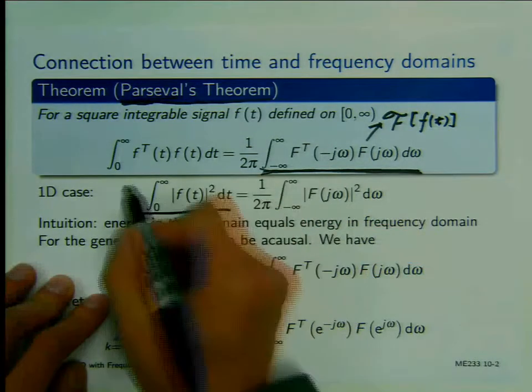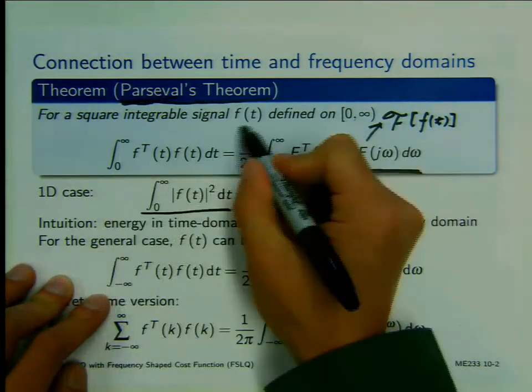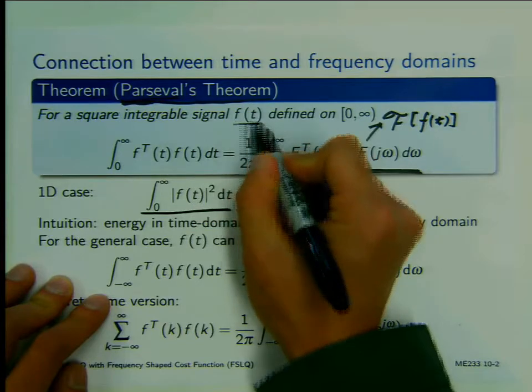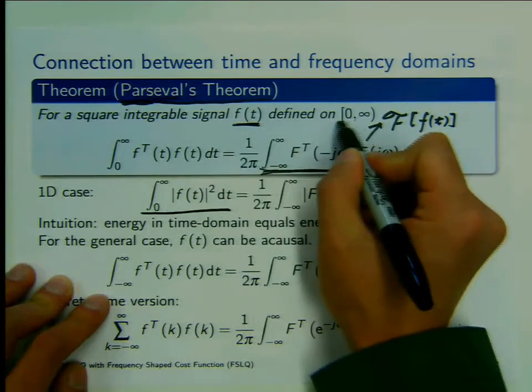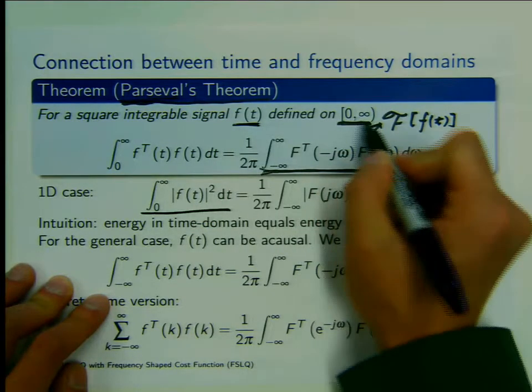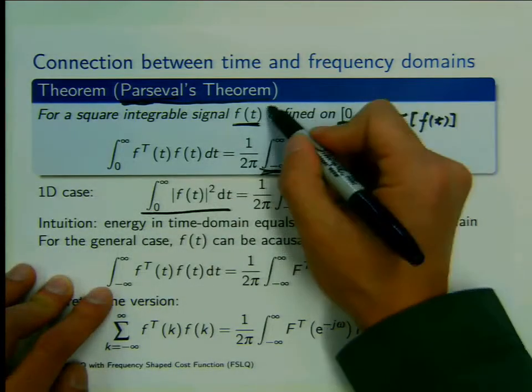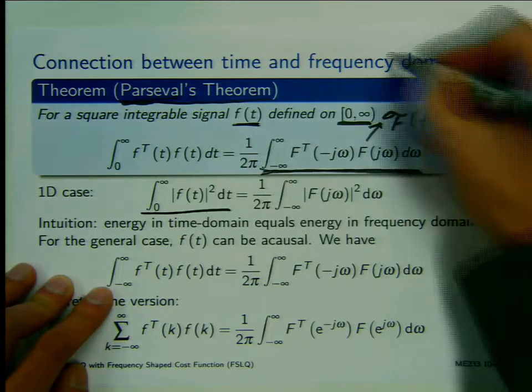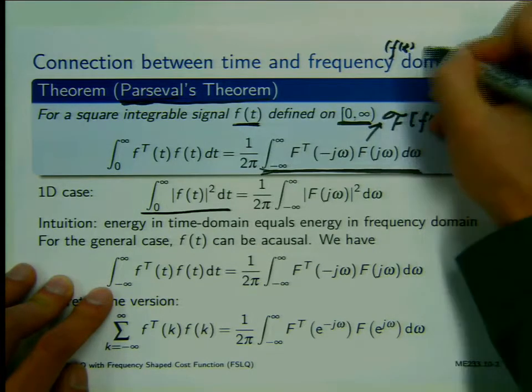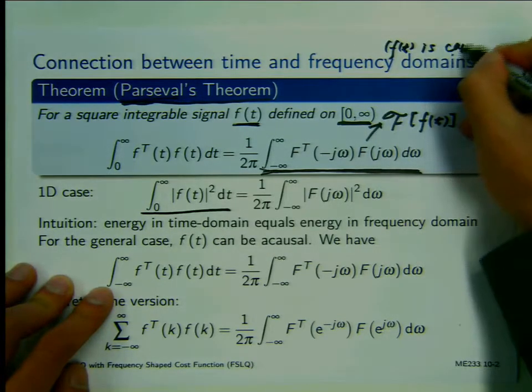Just a little bit more detail. If f(t) is defined between 0 and infinity, f(t) is called causal.